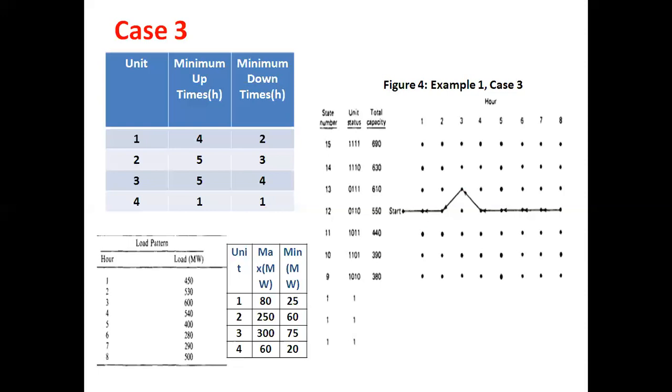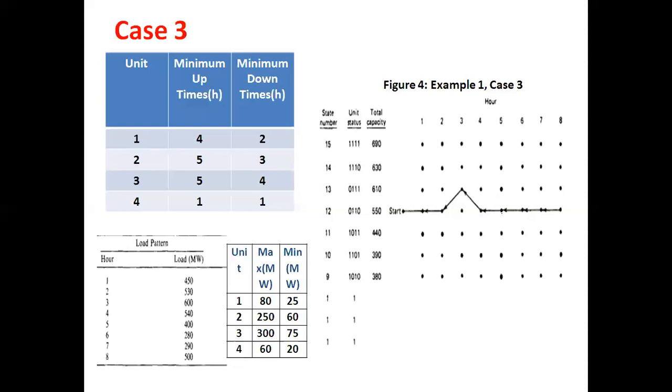It can be brought to the line at the third hour, and it can be disconnected at hour 4. Rather than going for unit 1, that is, rather than going from state 12 to state 14, we are moving from state 12 to state 13.